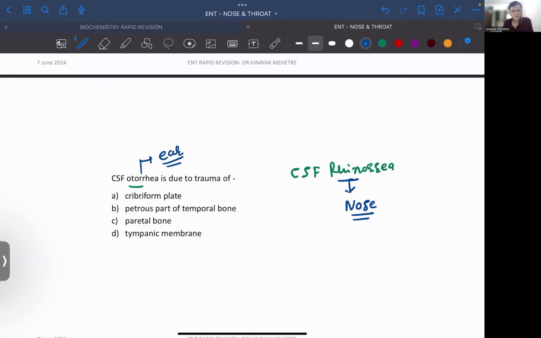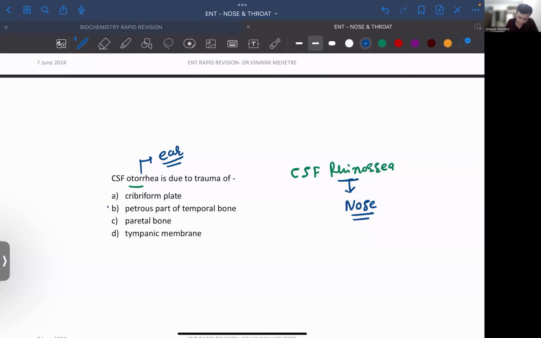Fracture of the base of the skull or fracture of the cribriform plate is called CSF rhinorrhea. CSF otorrhea means what? CSF is coming out of where? From the ear, right? So where is the ear located? It is located in the temporal bone. So there has been a connection from brain to ear by damage of what?